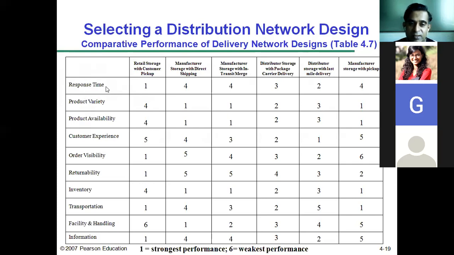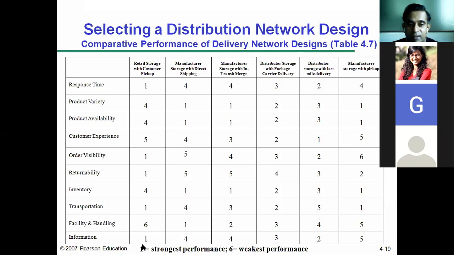Response time is highest in retail storage with customer pickup. But if the customers are willing to wait for 5 to 7 days, definitely a company can choose another type of distribution network. So let's consider the first criterion, response time. Retail storage with customer pickup is ranked 1.